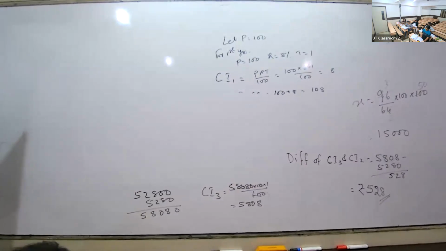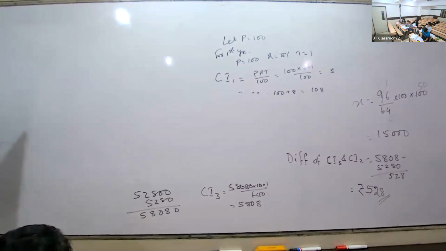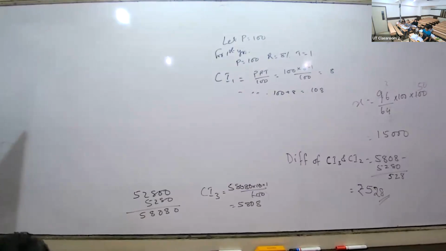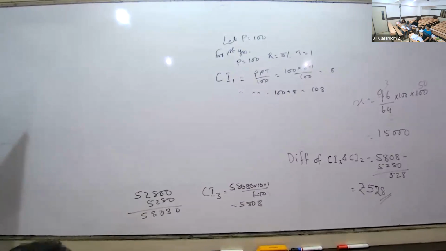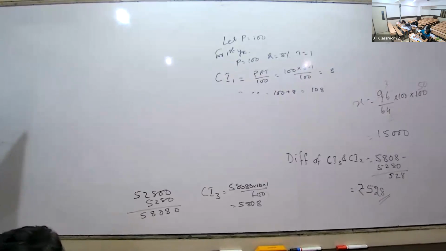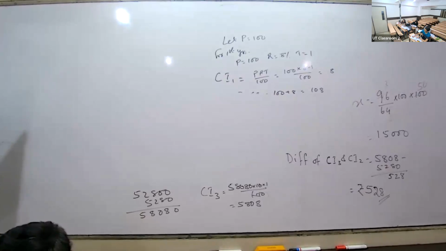End of every year, how much is he saving? 3,000, yes? So end of first year, savings is 3,000.